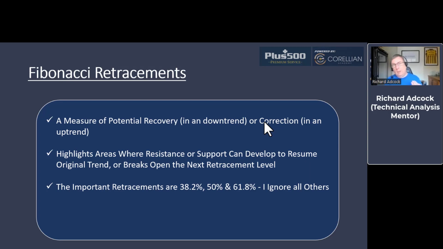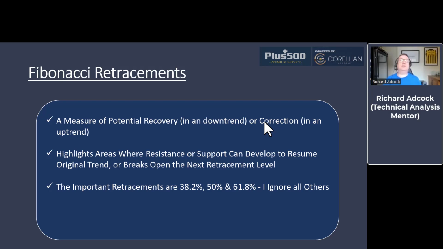Now, the important retracement points that we monitor within technical analysis when we look at Fibonacci retracements are set retracement points, percentage moves of price where we expect support or resistance to begin to materialize. And the retracements are 38.2%, a 50% level or the midpoint, and a 61.8% level.